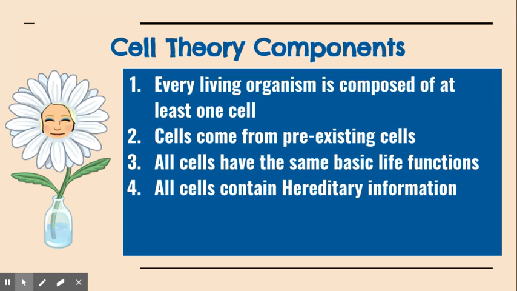And they contain hereditary information. This hereditary information is why we look like our parents. This hereditary information is why humans have humans and not humans having chickens. It's hereditary information that's contained in every cell in your body.